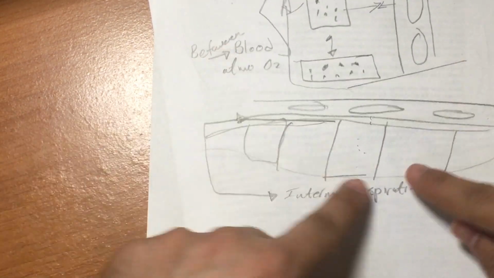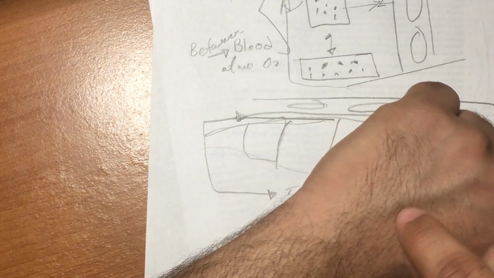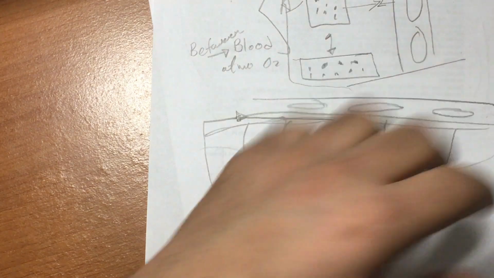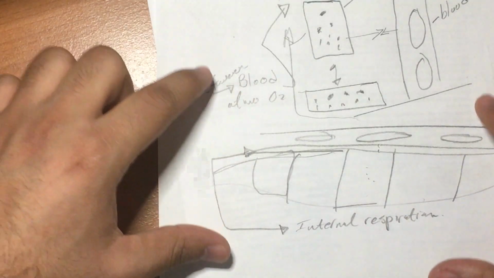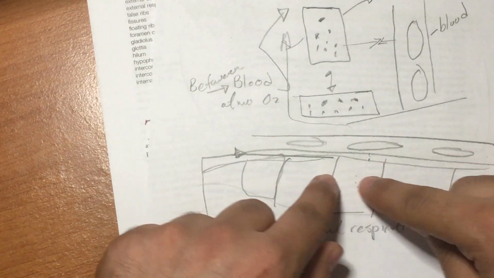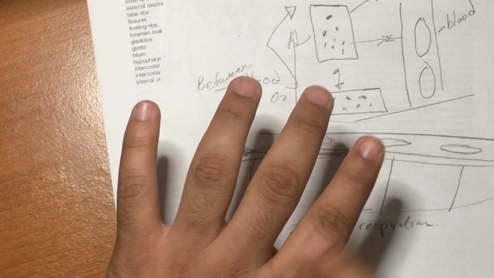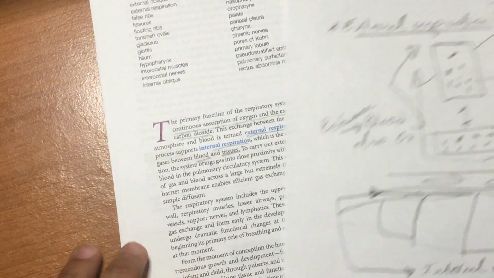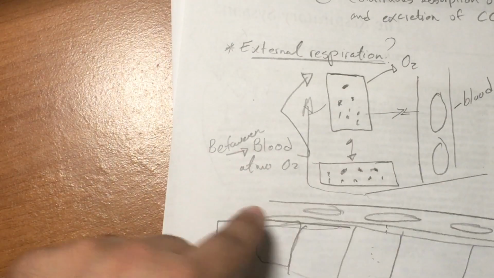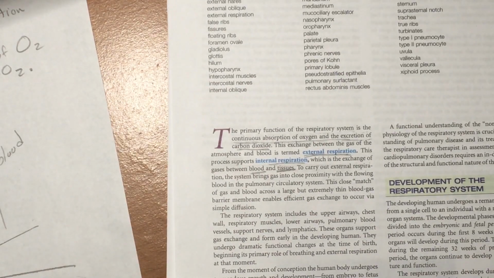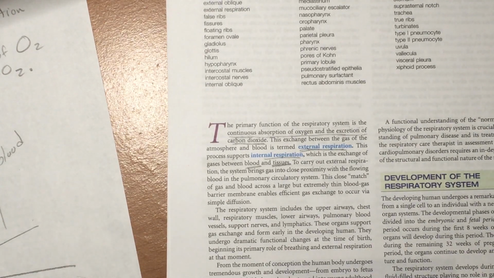And then internal respiration happens between your veins and your tissue, most likely. It's the capillaries in the lung, but I'm not going to go in there. I don't want to confuse you. I just want you to understand these terms. So internal respiration is between the tissue, the cells of your body, and the blood. I think we understand this point now. You see all these details that I came up with just from reading the first paragraph. So this is really studying in detail and trying to understand what you're reading.